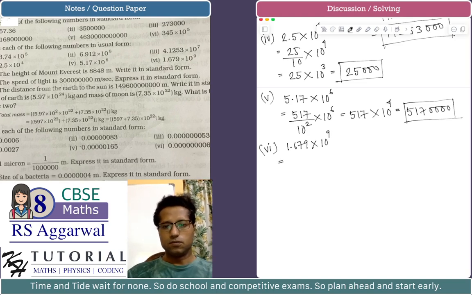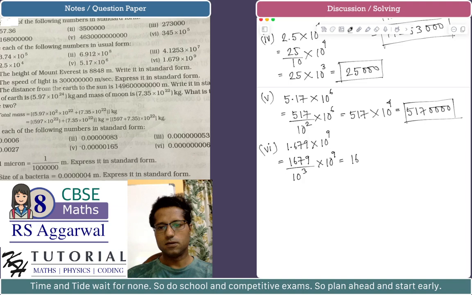So this is equal to 1679 divided by 10 to the power 3 multiplied by 10 to the power 9. This is equal to 1679 multiplied by 10 to the power 6. This is equal to 1679 and 6 zeros.